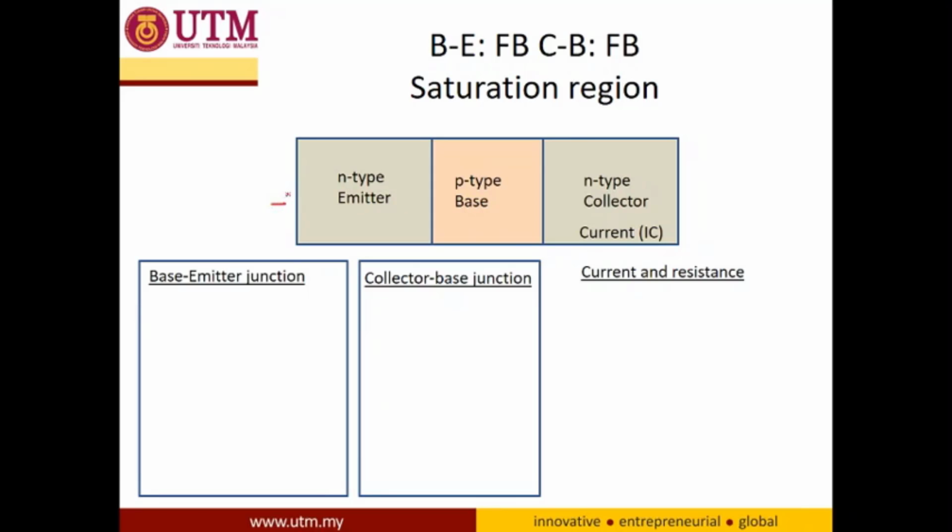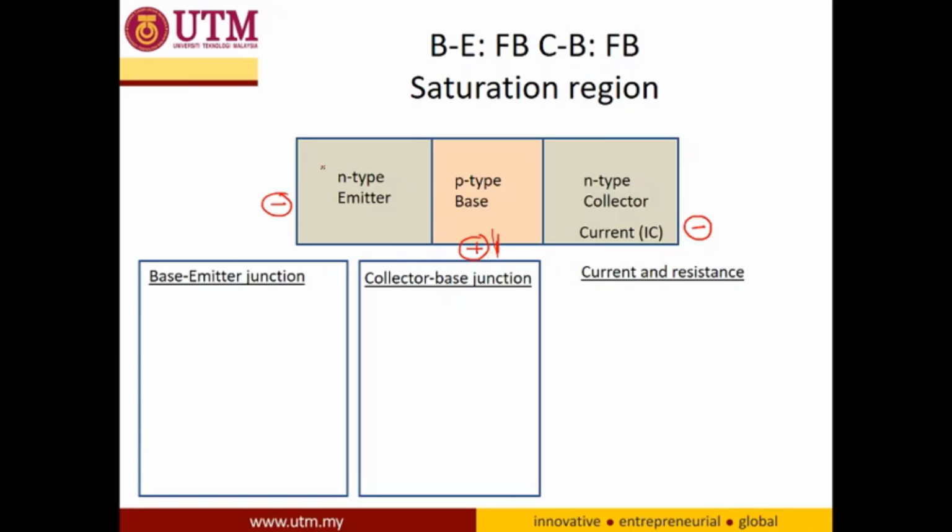You apply negative here and positive here. And then the collector base should also be forward bias. So this is negative and this is positive. So we have negative, positive, negative.